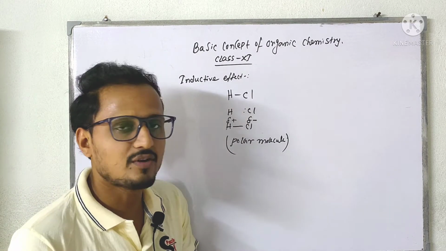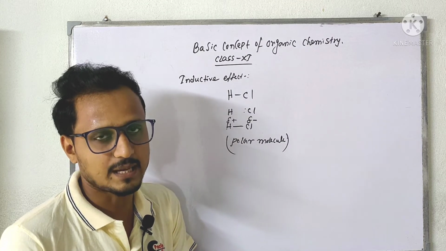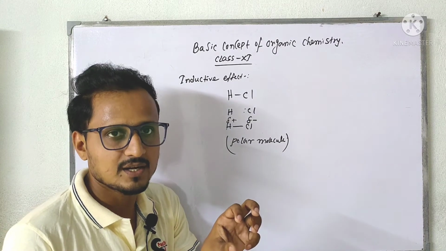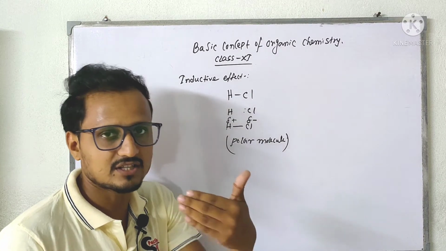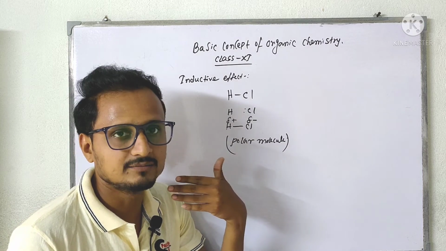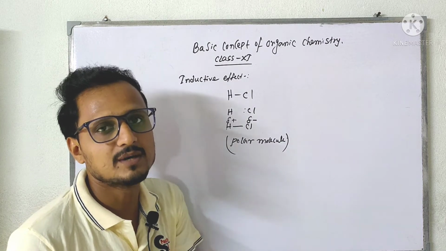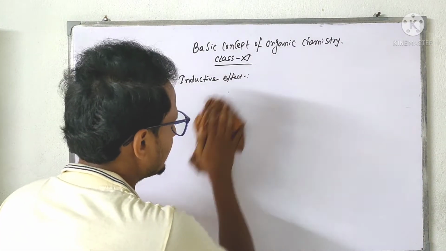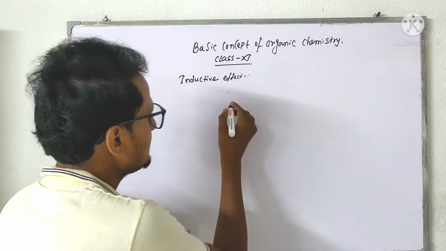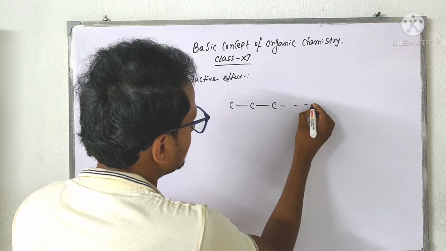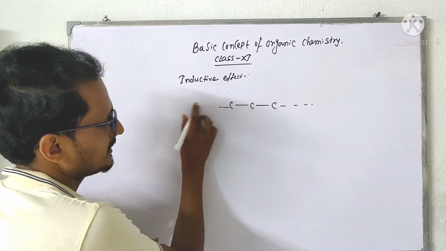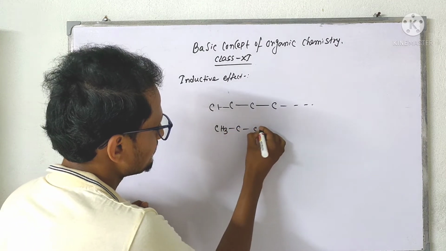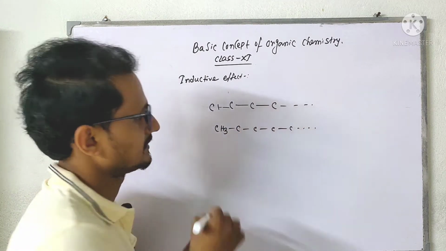Okay, now it presents for an organic compound. The inductive effect term is applicable for an organic compound when the group has more electronegativity or more tendency to attract the bonded pair of electrons, or it can push the bonded pair of electrons towards the neighbor carbons. So when an atom or group of atoms is present in an organic molecule in a chain of carbon, like chlorine, and also a group like CH3 here.